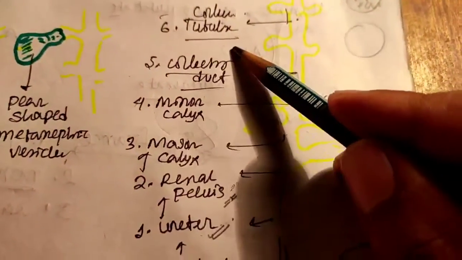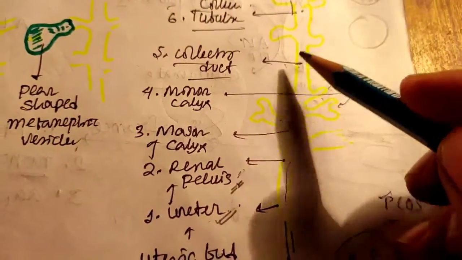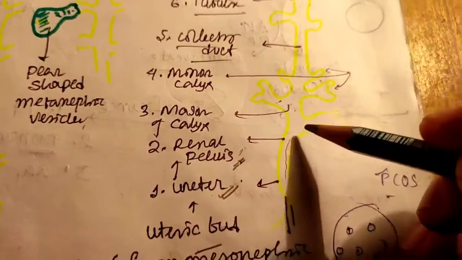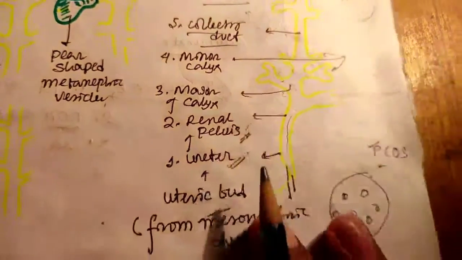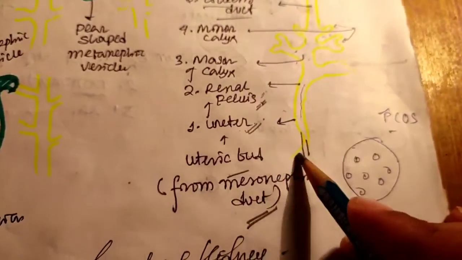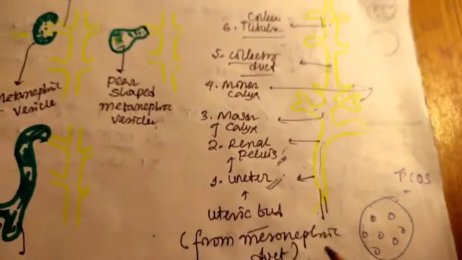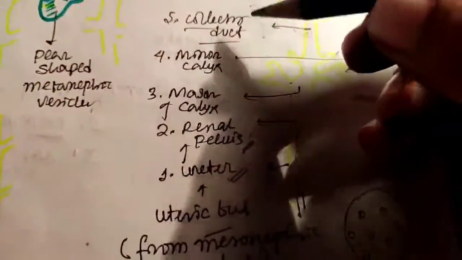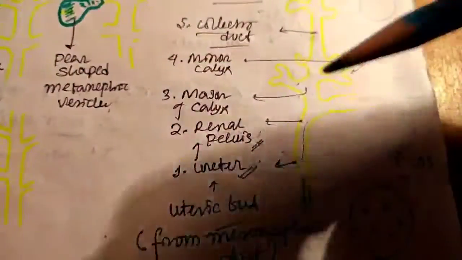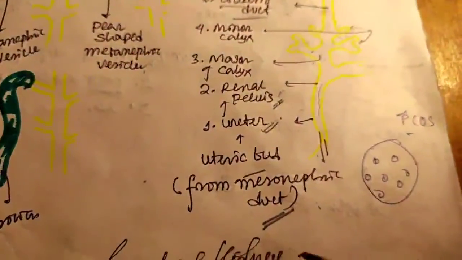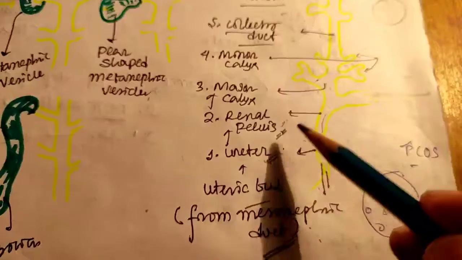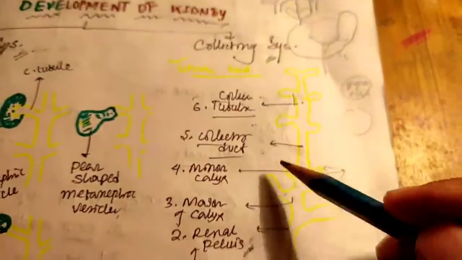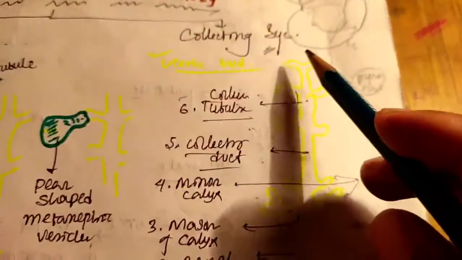The collecting duct leads to the major calyx, then the minor calyx, then the renal pelvis, and the ureter arises from the renal pelvis, then the ureteric bud, and then the mesonephric duct. But the actual development process occurs in reverse: from the mesonephric duct to the ureteric bud, ureter, renal pelvis, major calyx, minor calyx, collecting duct, and collecting tubule. In this sequence the collecting system is formed.